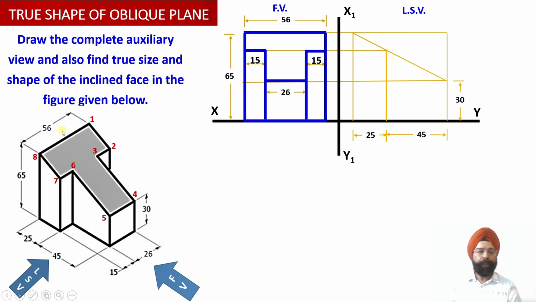The reason is because of its inclination with respect to the vertical plane. So since this inclined surface happens to be inclined to the vertical plane, we are going to get the foreshortened or a reduced projection of this particular surface in the front view, that is onto the vertical plane.